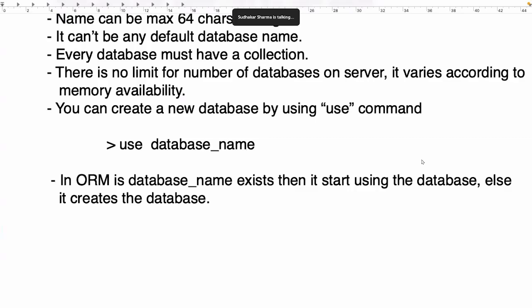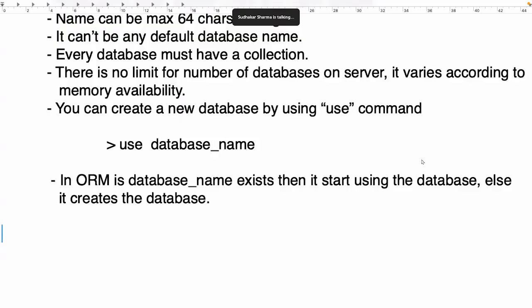Later we can write some programming logic also, in such a way that when we run a command, it will verify whether the database is there or not. After verifying, it will prompt us that the database exists and ask whether we want to use it, or it will prompt us, do you want to create the database?